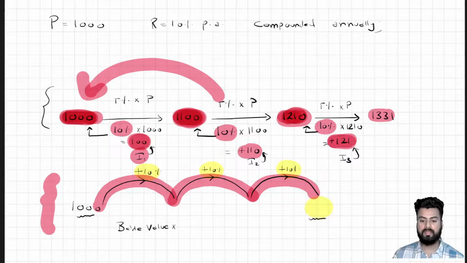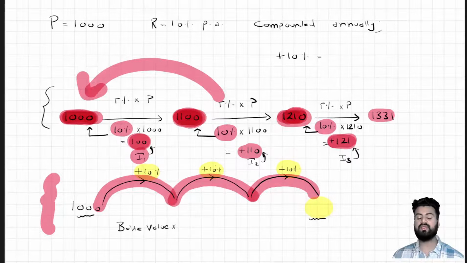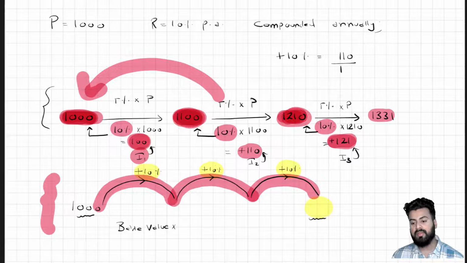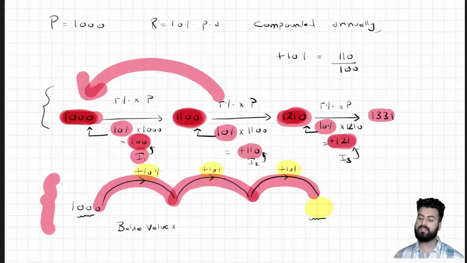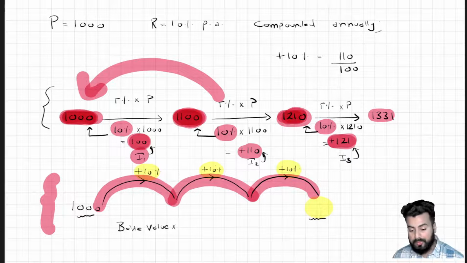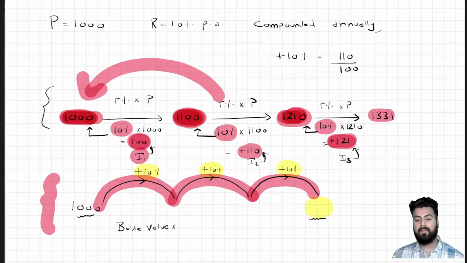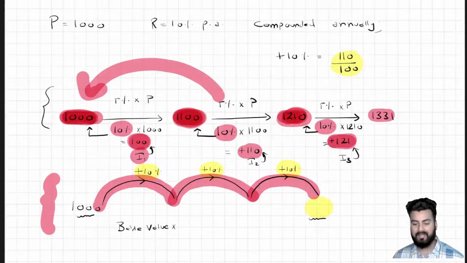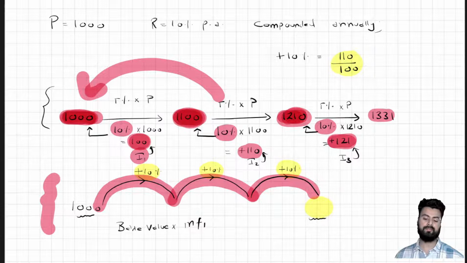So tell me one thing, if I increase something by 10%, what will be the multiplication factor? You would say, sir, since you are increasing a number by 10%, the multiplication factor is going to be 110 by 100, something we have already learned in the topic of percentage. So I am going to multiply the base value by this number. Although I can write 110 by 100 here, since I'm generalizing, let me write multiplication factor 1.